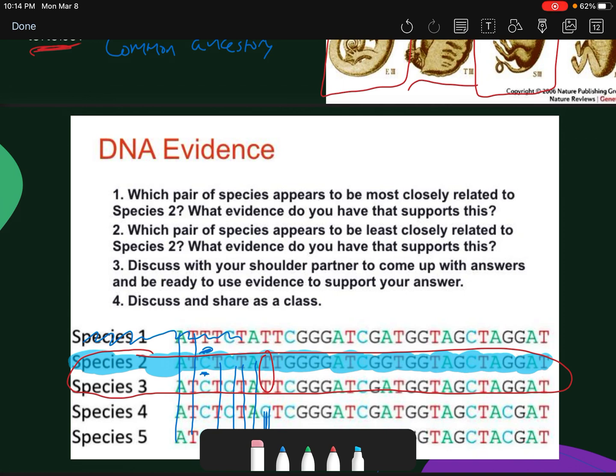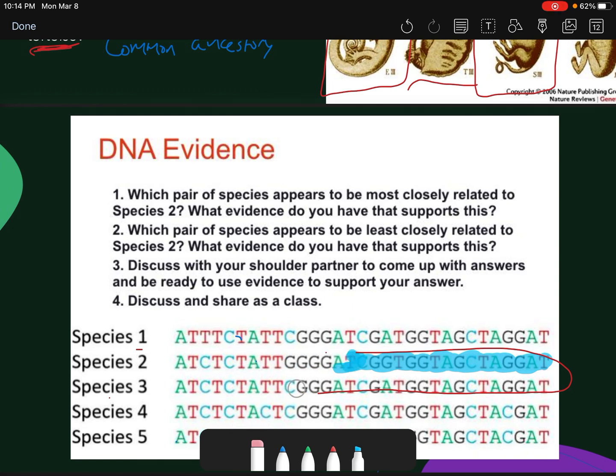The next question asks us which pair of species appears to be the least closely related to species 2. That would be species 1, based off of the same evidence that we had for why species 3 is the most closely related. Okay, and all this evidence is just going to be right here.